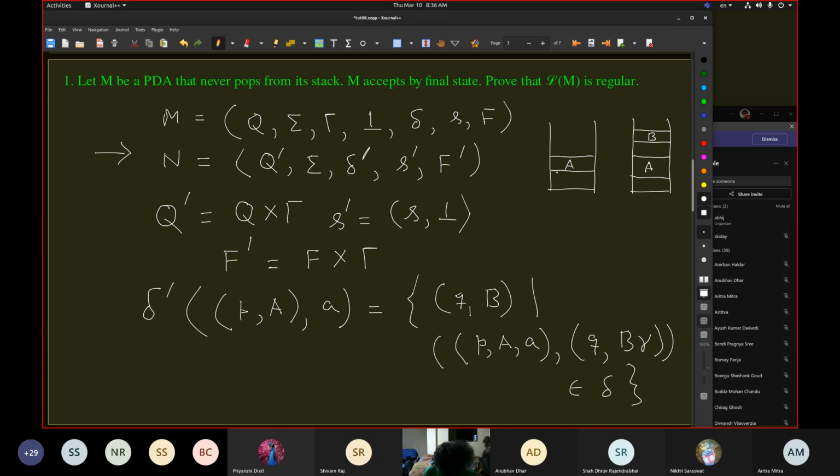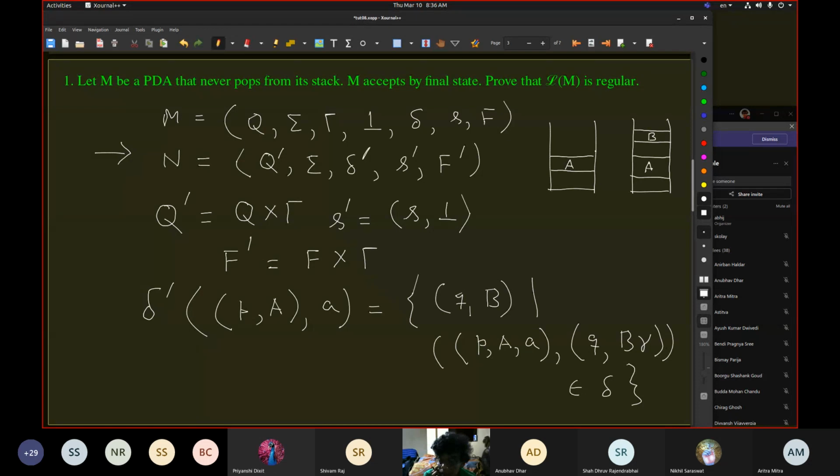Now, because the step never decreases in size, this B is a well-defined thing. Gamma may be an empty string, and never popping means it replaces A by something at least one character long.